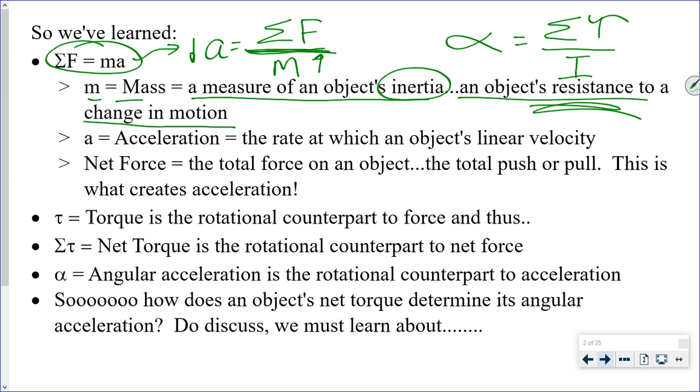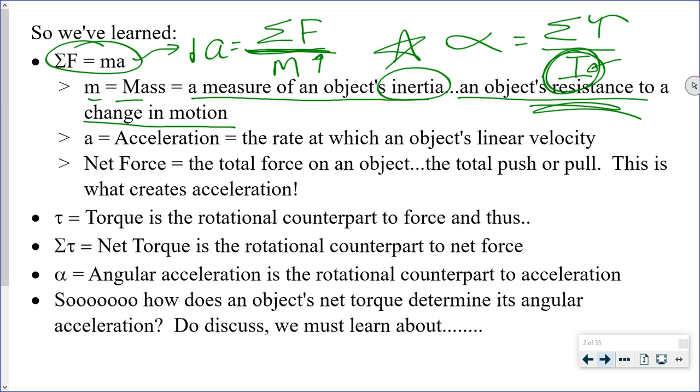An object that has a larger rotational inertia is harder to change the angular motion of. We will dig into using this equation a little more in the next video, like 12.2, but before we do, we really need to learn about what this rotational inertia is.